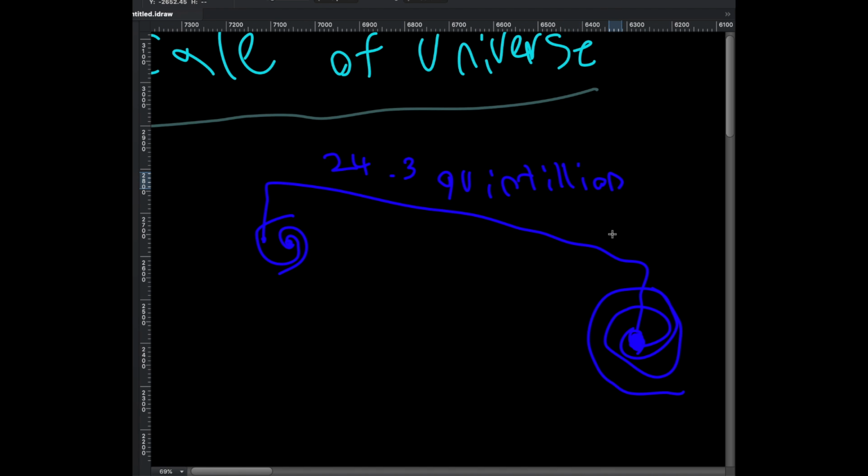Quintillion. For comparison, the Rubik's Cube has 24 quintillion possibilities. 23 quintillion possibilities, I think. So if you just took a Rubik's Cube, that would have 23 quintillion possibilities. Okay, 24.3 quintillion can also be written as 2.428 times 10 to the 19.